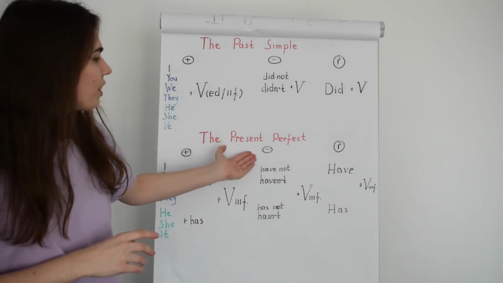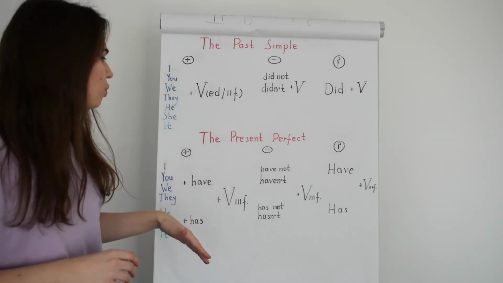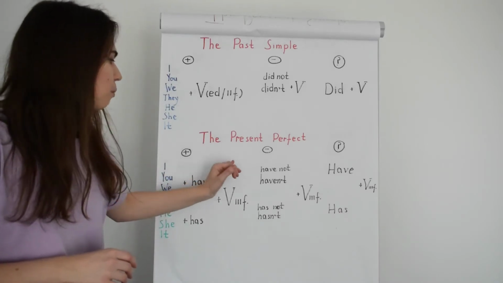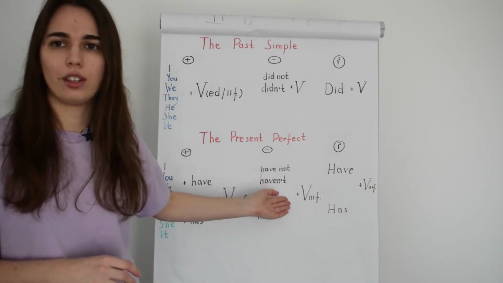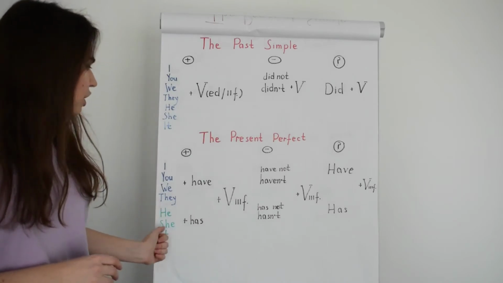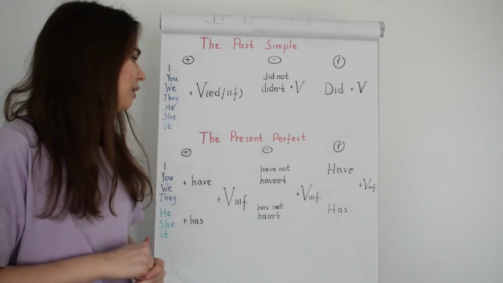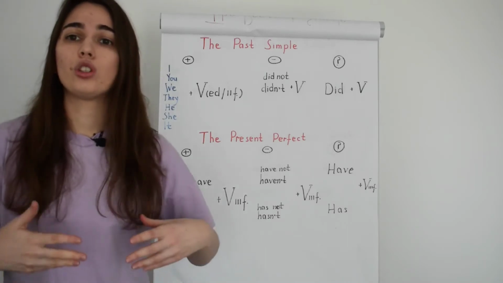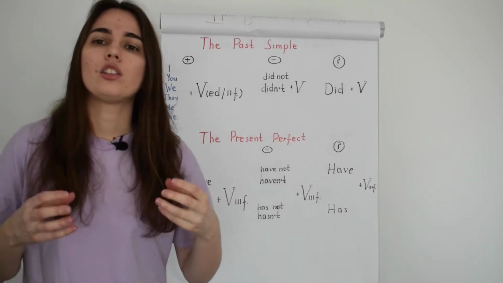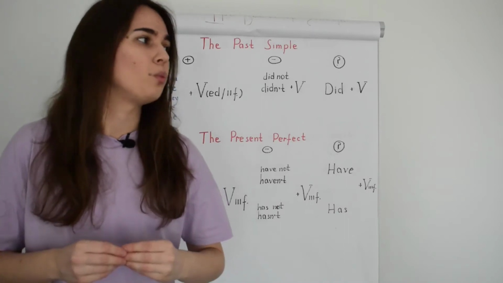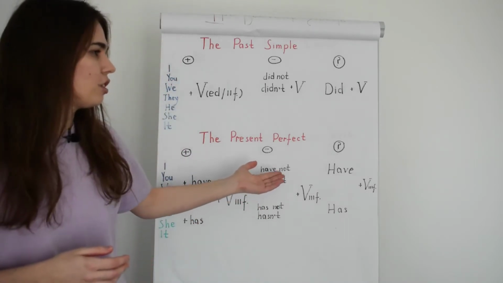In order to form the negative sentences, we need to use I, we, you, they plus have not or haven't, the short form, and he, she, it plus has not or hasn't, the short form again. And then in order to ask questions, it's very important again to be able to ask questions.